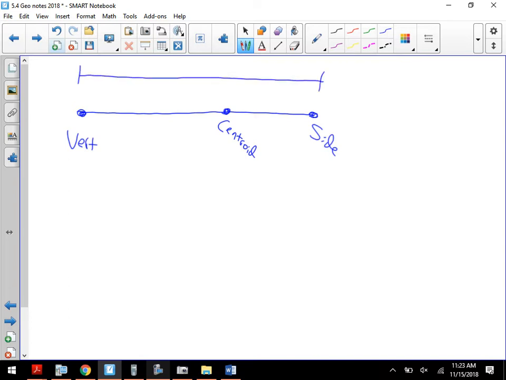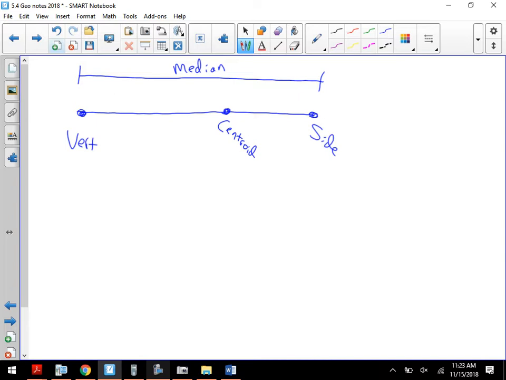This whole thing is what we call a median. Do you agree that the median is made up of two smaller segments? Think of it as just like segment addition. The whole thing is vertex to centroid, centroid to side. Those are the two segments.